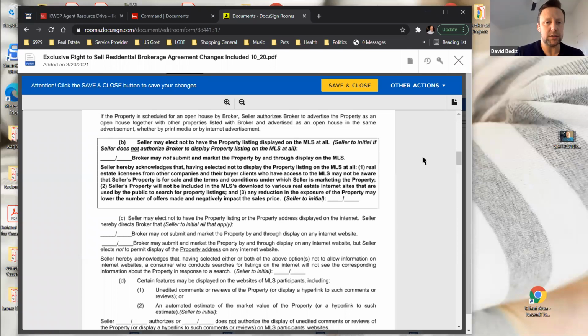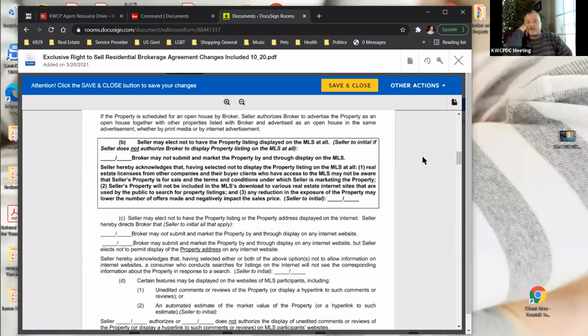Off market. Pocket. Yeah, it's an office exclusive. An office exclusive. So keep in mind, if you're going to be doing office exclusives, there are strict rules about what you may and may not do with respect to an office exclusive.